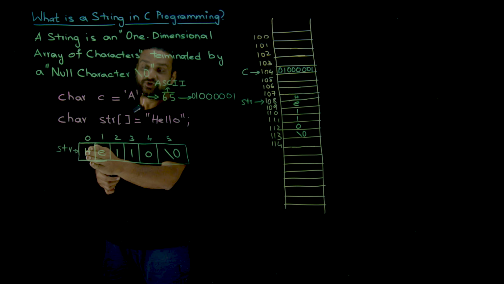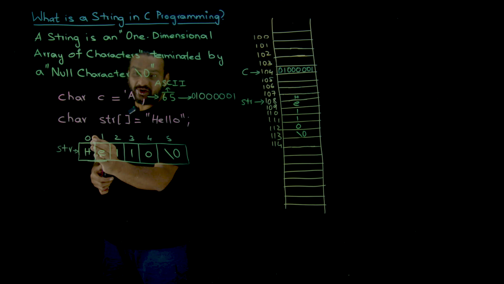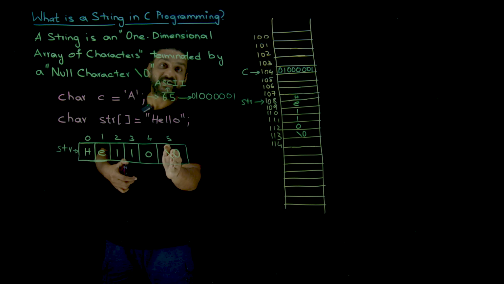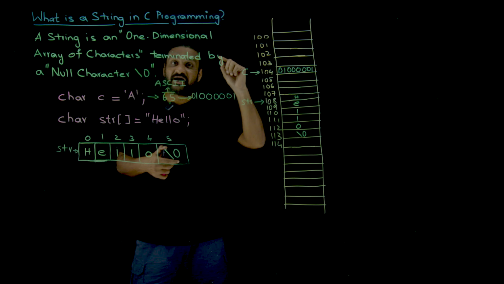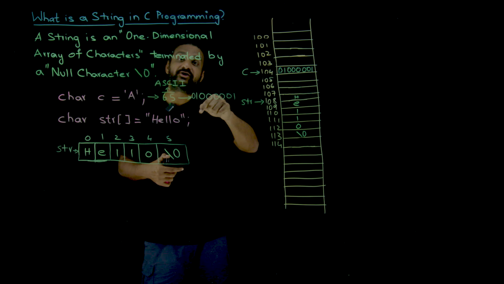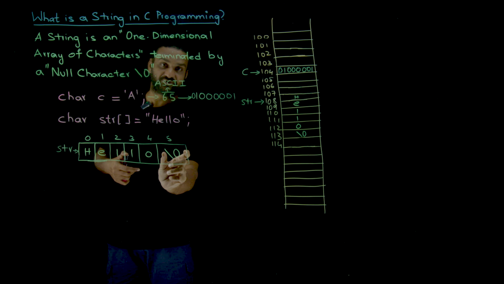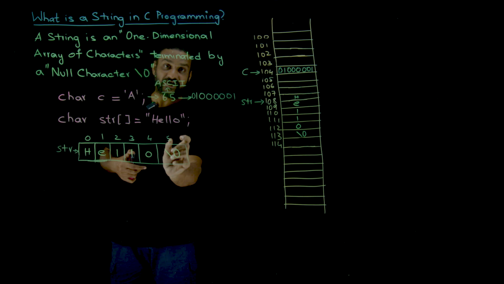So it is going to extract all the values of the array in sequence. Whenever it identifies a null character, the compiler will understand that this is the end of the string. For that, this extra space is used. Okay, so try to understand this.